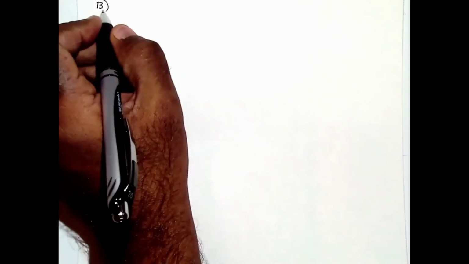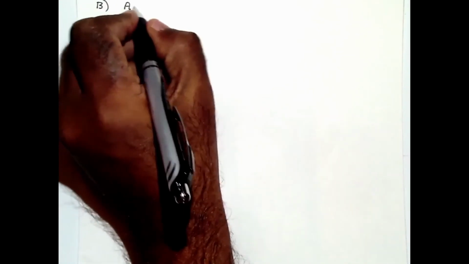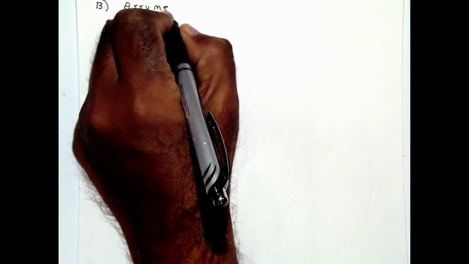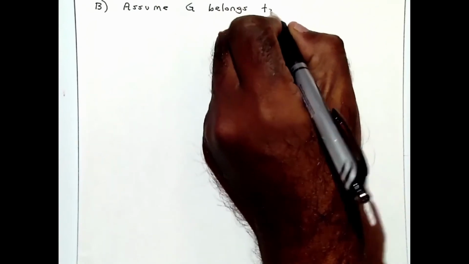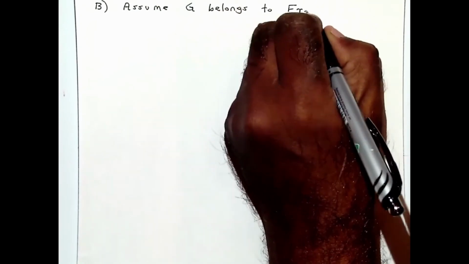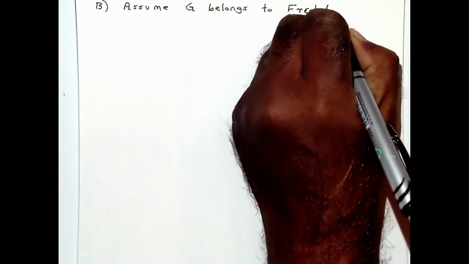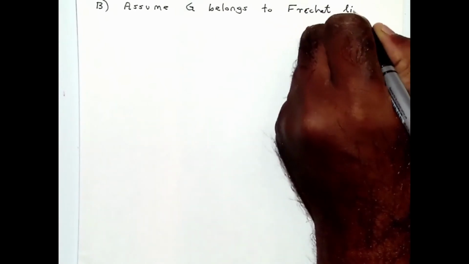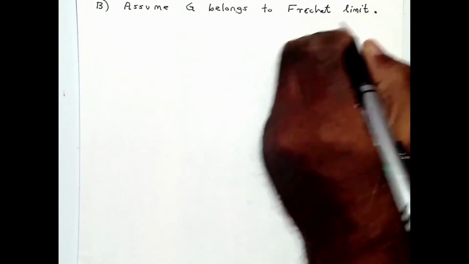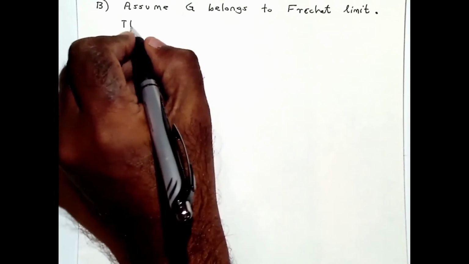Part B. So I'm going to assume that G belongs to the Fréchet limit. All right, which means the following.